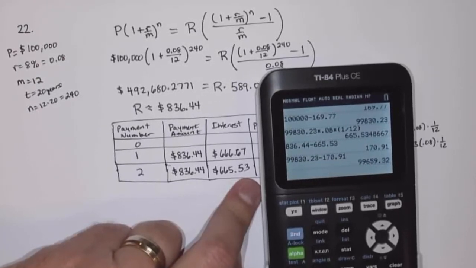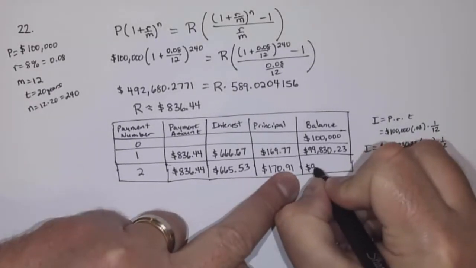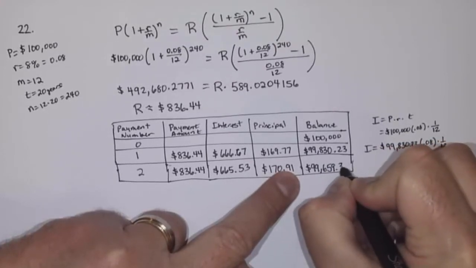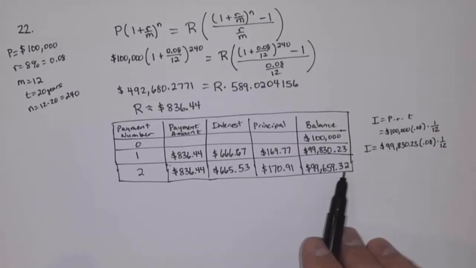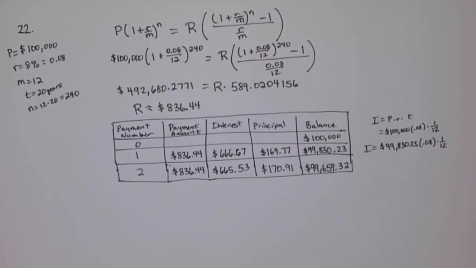So I'm going to still owe $99,659.32 at that point. $99,659.32 is the amount that I still owe at that point. So there are the first two lines of the amortization schedule.